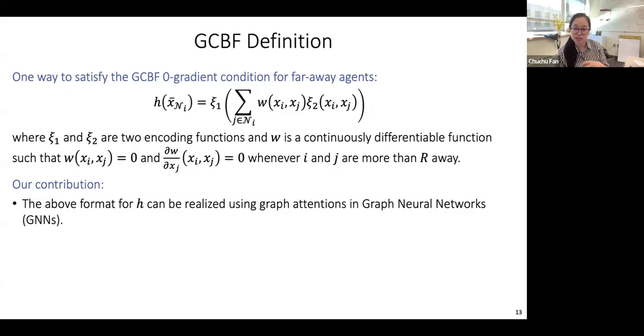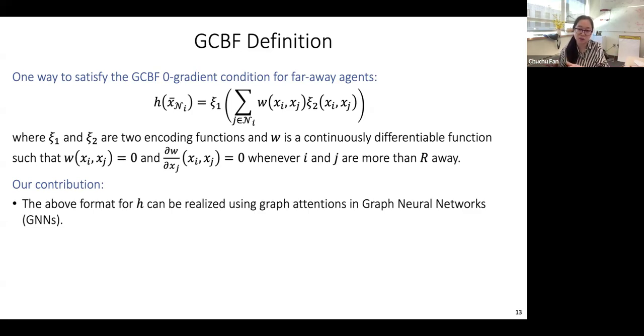So graph attention is this idea in graph neural networks where we have this attention layer. It's not really attention in the physical sense, but you can think of it like attention: you pay attention to your neighbors. When your neighbors are really far away, outside my sensing radius, I do not pay any attention to the agent.